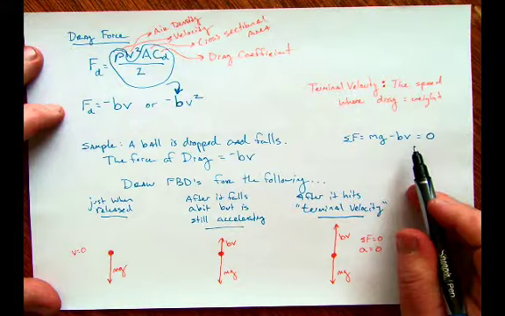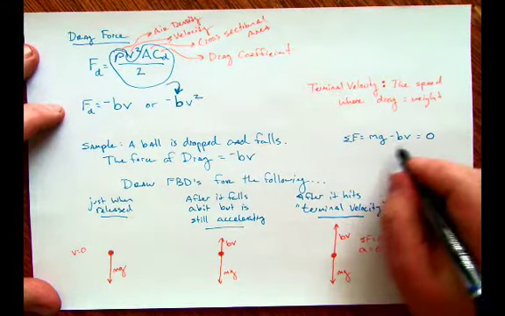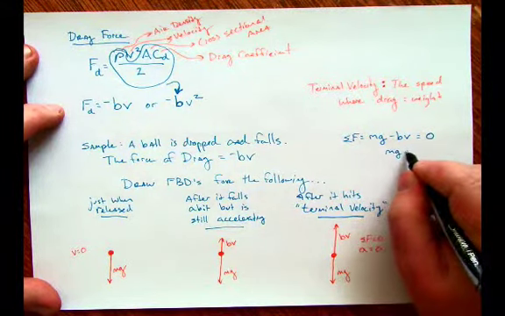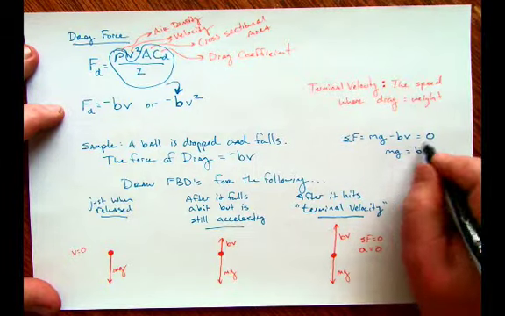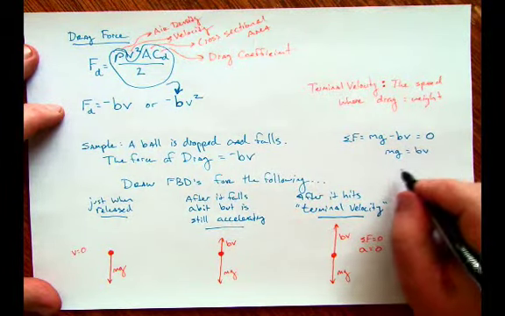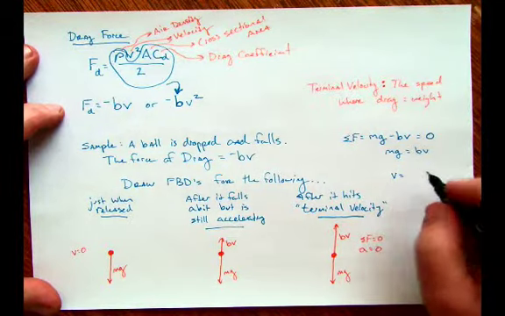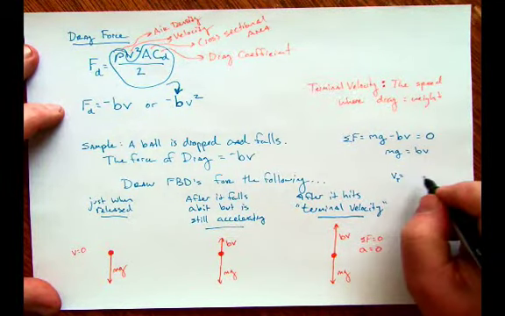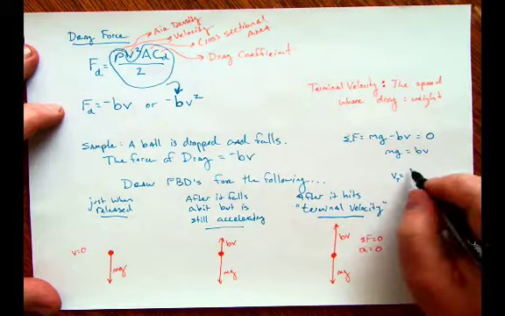So now what is my velocity? I would now just do my algebra. I would get mg equals bv. I'm just moving the bv over. And then I would divide both sides by b to solve for v. And I would get the terminal velocity, v sub t, if you will, is mg over b.